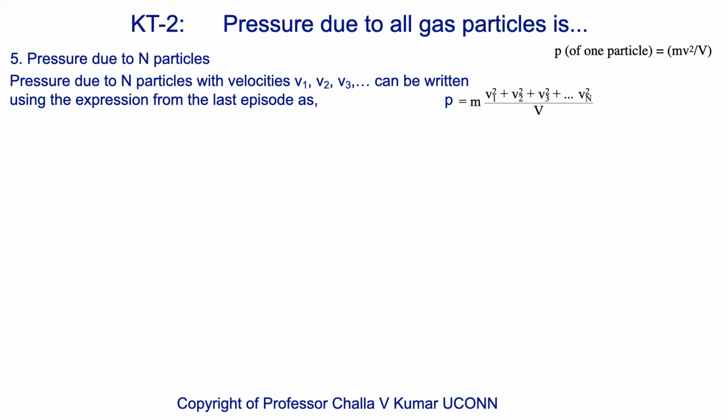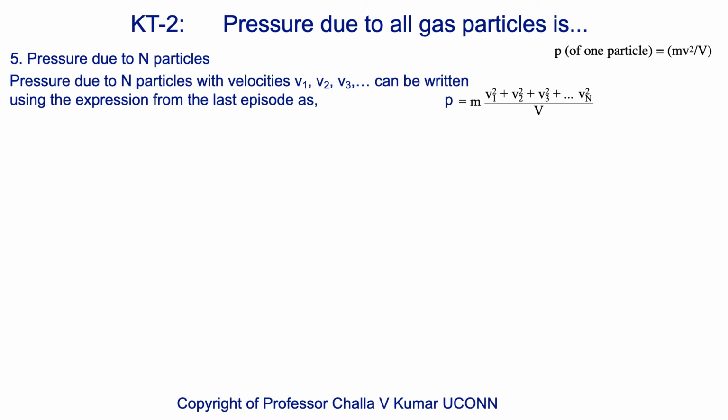So that series is simply equal to m, which is common to all the individual terms of mv squared over V, times v1 squared, which corresponds to the term from particle 1, and v2 squared from the second particle, v3 squared, third particle, etc., till vn squared, which corresponds to the last particle, the nth, and divided by the volume V, which is common to all the terms.